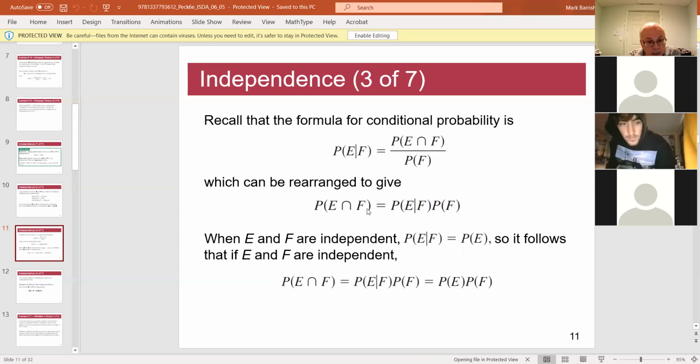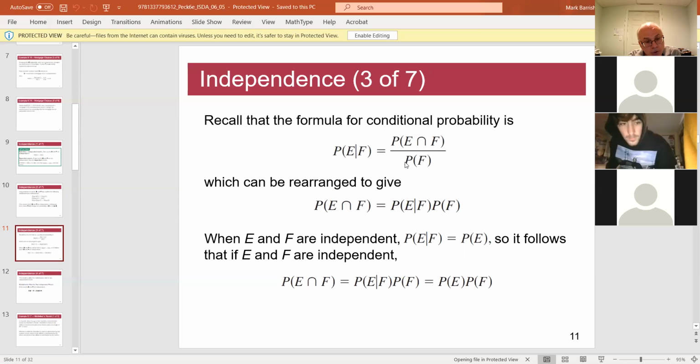We could also say the probability of F given E has the same numerator, and the denominator would be the probability of E. So for the probability of F given E, the only thing that changes is the denominator.